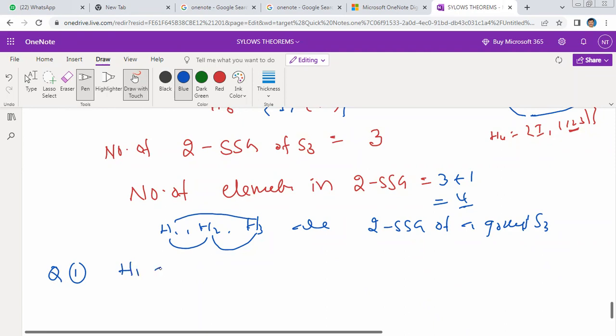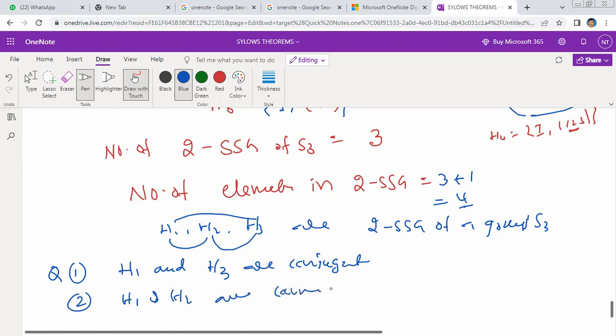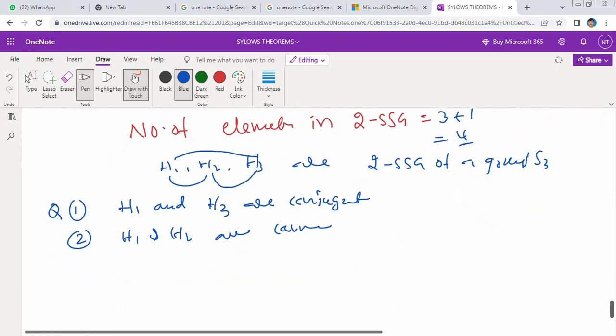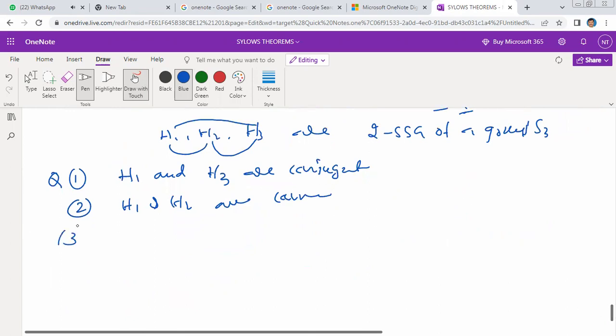H1 and H3 are conjugate, H1 and H2 are conjugate, and H2 and H3 are conjugate.